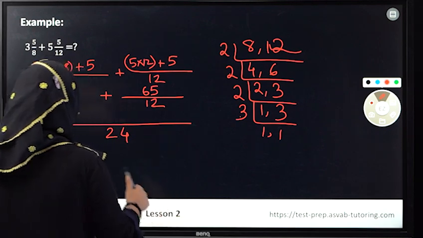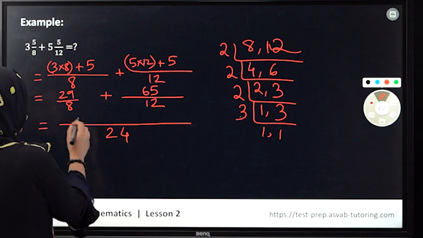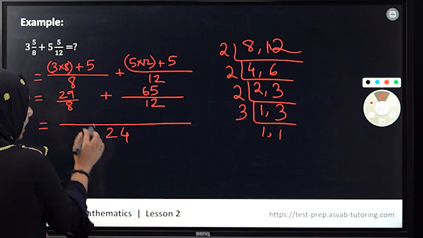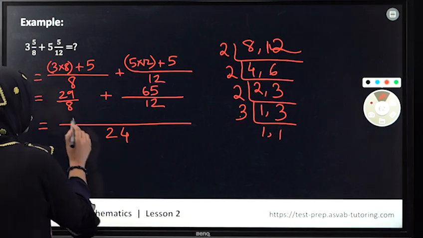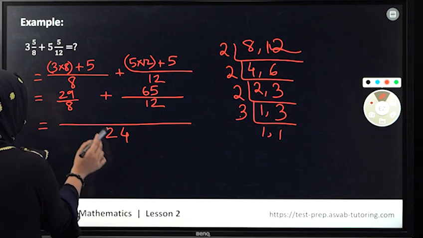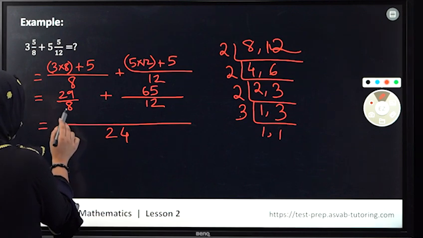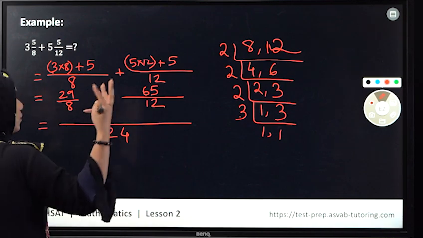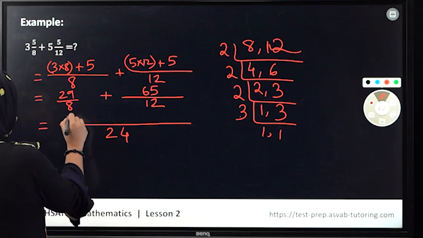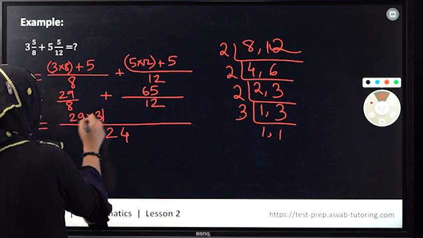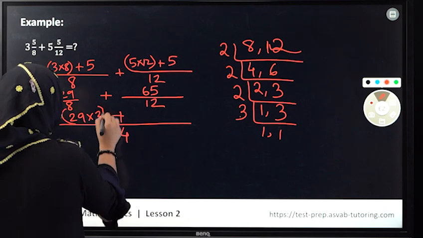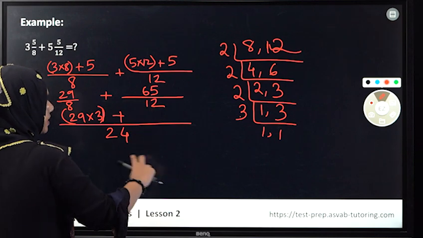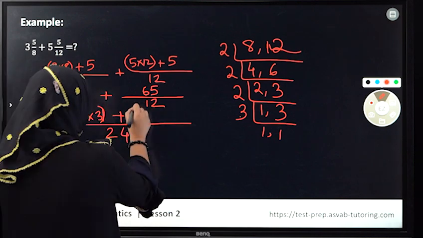And now what you can do is you can try to figure out what's in between. I'm going to show you 2 methods. You can try to figure out what you get when you divide 24 with 8. So dividing 24 with 8 gives us 3, and then you multiply that 3 with the numerator. So that's 29 times 3 plus, again, you divide these 2, that gives you 2, and then you multiply that to the numerator.